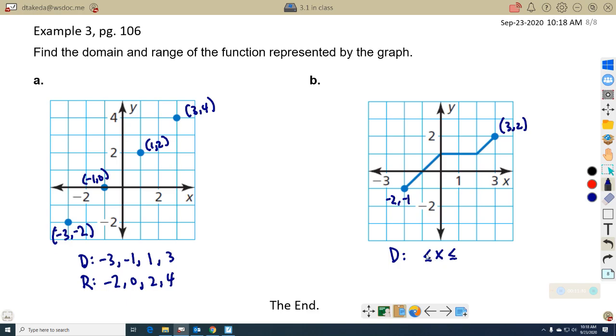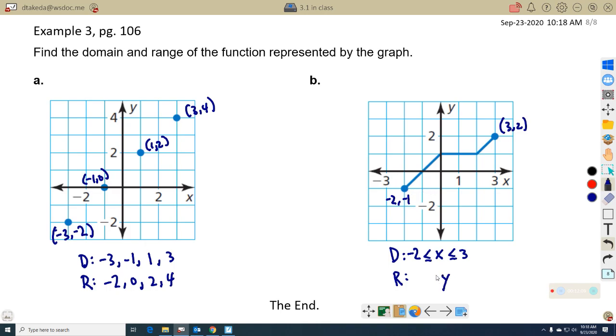That x is greater than -2, and it's less than or equal to 3. And over here, I should have said x is greater than or equal to -2. Now, in the range, the high range value is 2. The low range value here is -1.